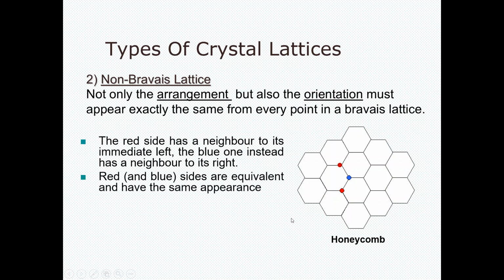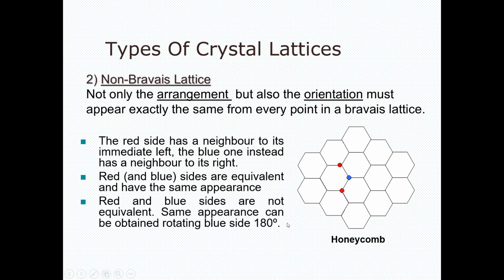The red sites are equivalent and have the same appearance, and just like that, the blue sites are equivalent and will have the same appearance. But if we consider the red and the blue ones relative to one another, red and blue sites are not equivalent, but the same appearance can be obtained by rotating the blue site by 180 degrees.